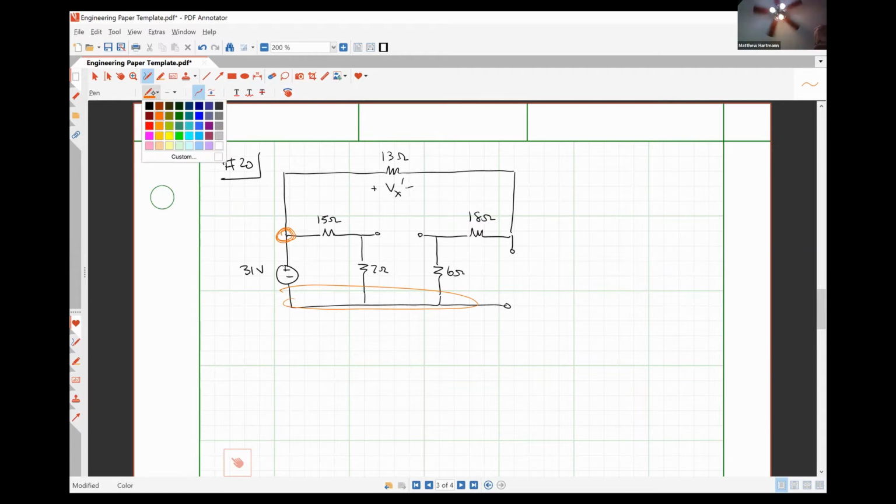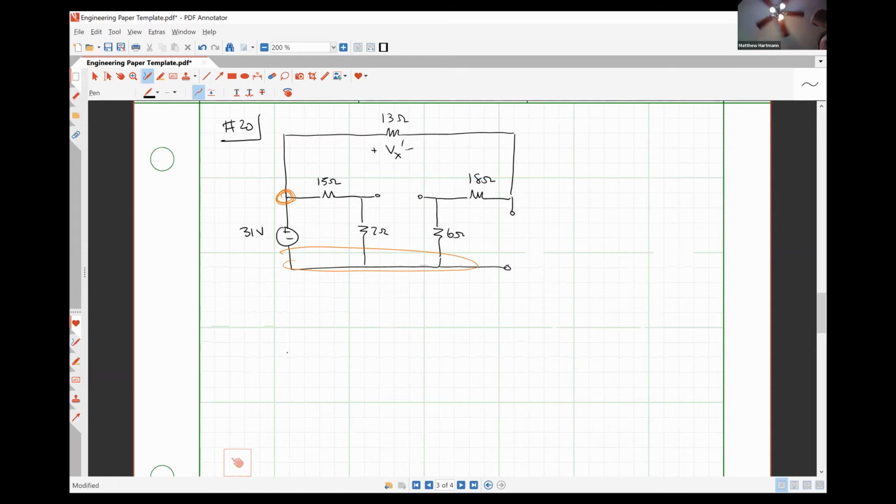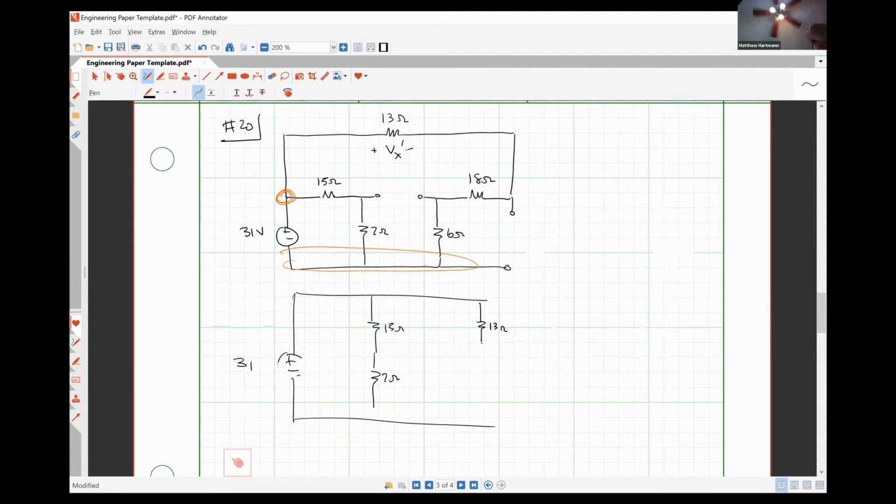So what this really looks like, if we draw it in a slightly less weird way, is that we have a 31 volt source, and then on one path we have a 15 ohm resistor and a 7 ohm resistor, and on another path we have a 13, an 18, and a 6 ohm resistor, and we want the voltage drop over the 13 ohm resistor.